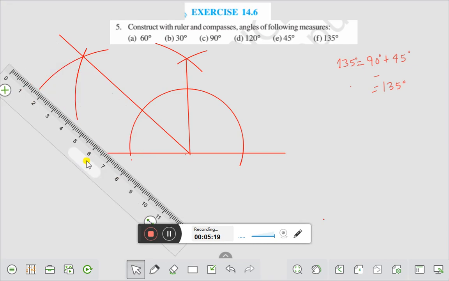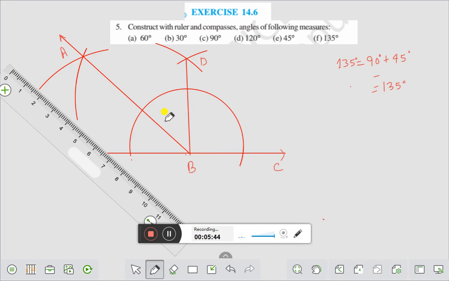Now give the name. We give this arrow here. We give the names: it is A, it is B, it is C, and this one is point D.